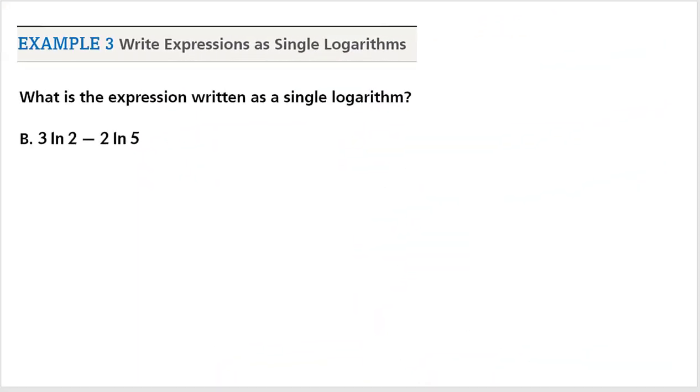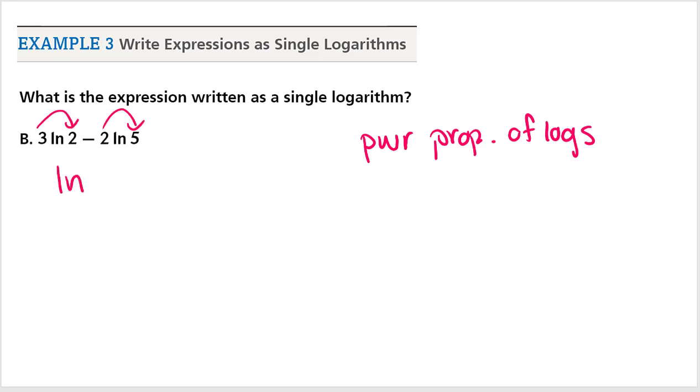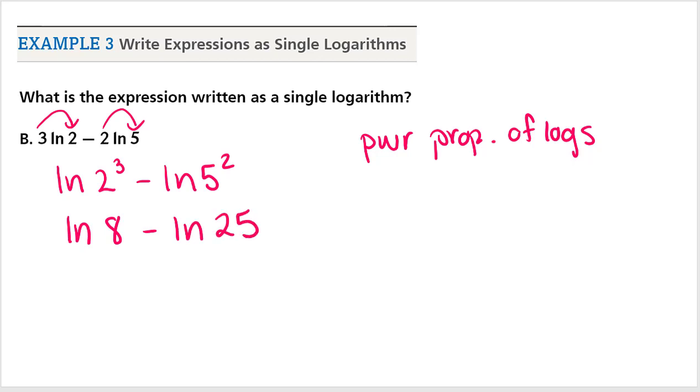We'll do the same thing but with our natural logarithm. We'll start by using the power property. So we'll take the multiplier that's in front and it will become the exponent. We can actually simplify and change this to the natural logarithm of 8 minus the natural logarithm of 25.